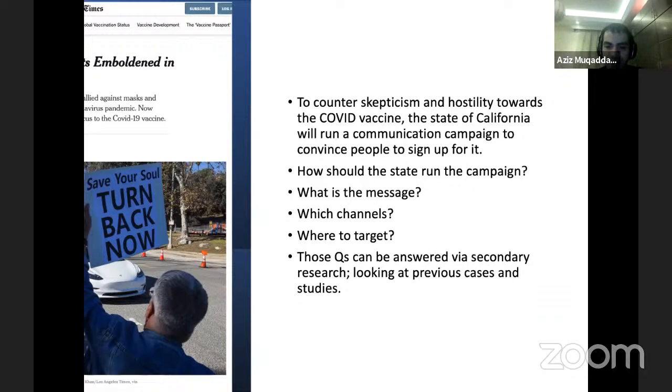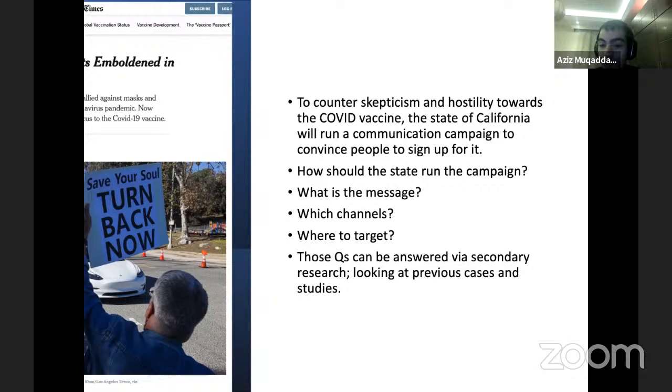How are you going to run this campaign, right? How much money are you going to put into that campaign? So how much is needed? Which channels are you going to use? Are you going into YouTube, Facebook, Twitter? Are you doing TV, radio, billboards? Are you doing all of the above? What channels are you doing?